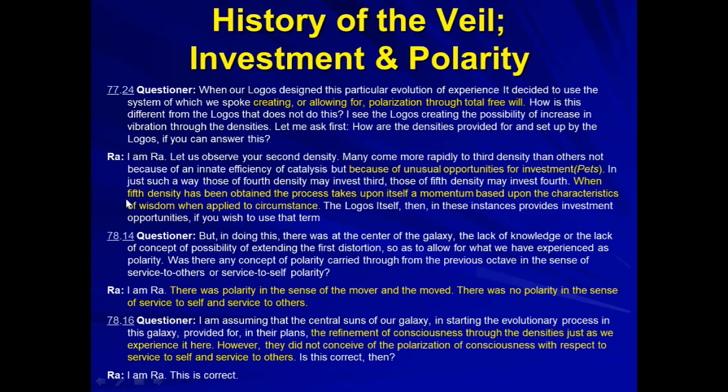So then he goes on, in just the same way, those of fourth density may invest in third density, and those of fifth density may invest in fourth density. Maybe a fun way to look at it is that fourth density beings, outside of the veil and advanced in pure love, want to help us and love us and bring us along, almost like we do with our dogs and cats and pets, horses, whatever.